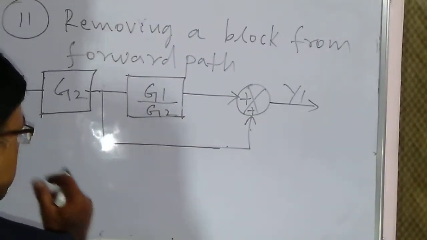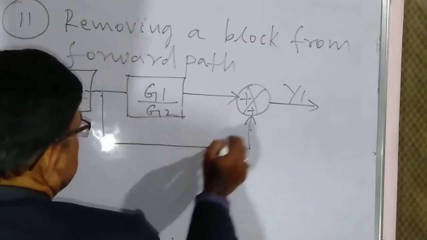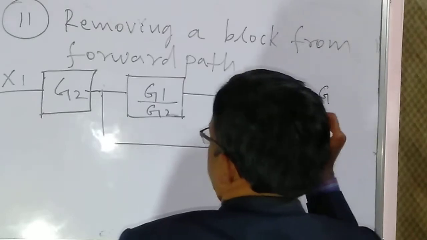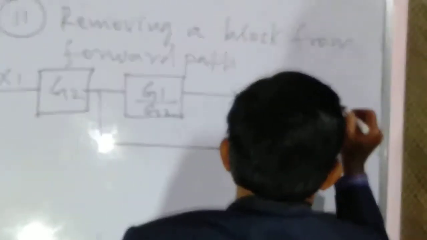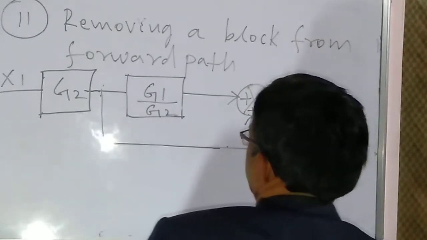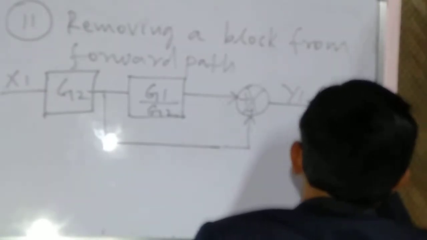Now we will test whether we get the same output or not. So here G2, that is G1 by G2 plus G2.